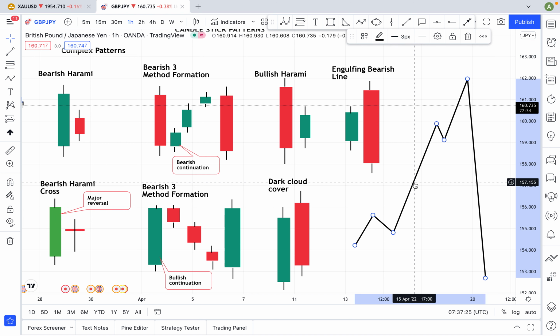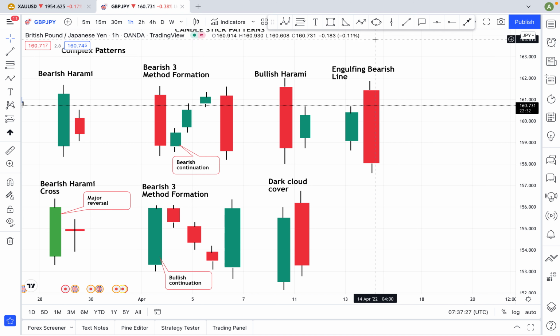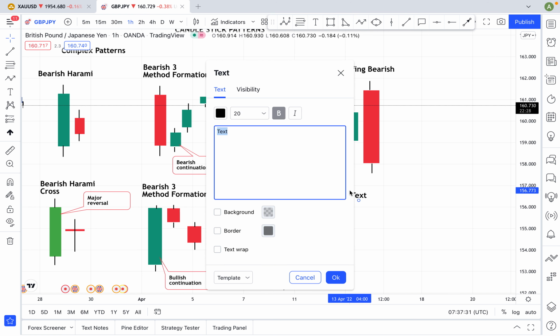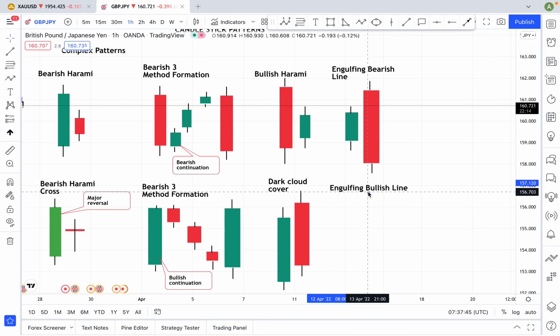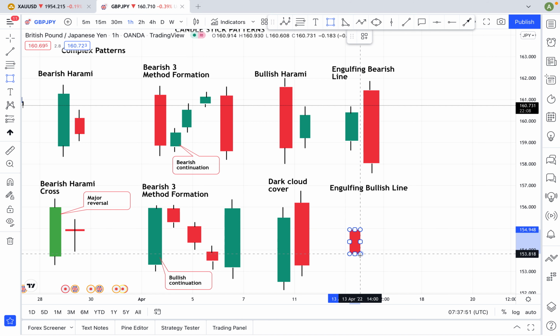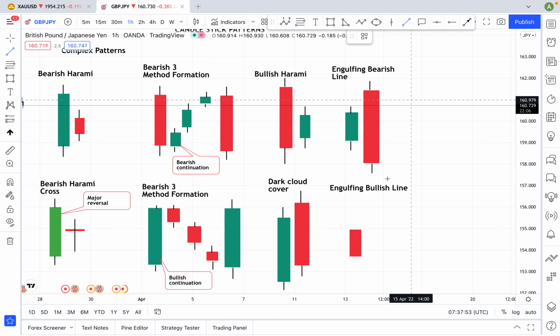Okay, guys, so let's go to the engulfing bullish line. You should know that it is the opposite of this. The engulfing bullish line is just the opposite of the engulfing bearish line, which signifies that you are going to have a red candle here with your wicks as usual.